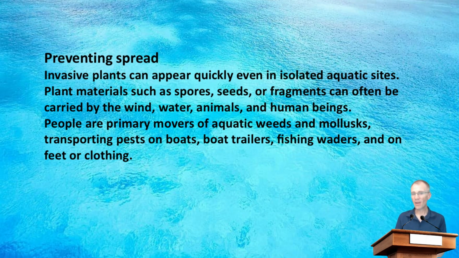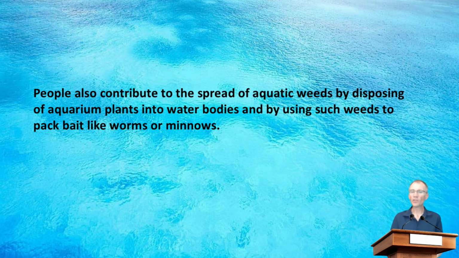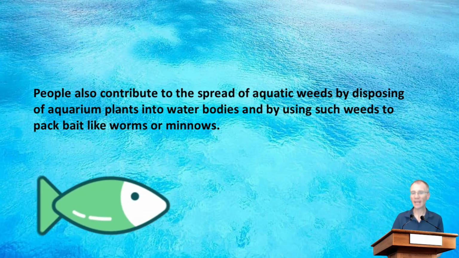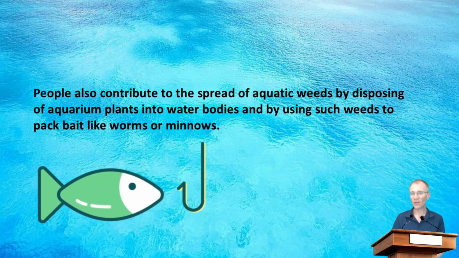People are primary movers of aquatic weeds and mollusks, transporting pests on boats, boat trailers, fishing waders, and on feet or clothing. People also contribute to the spread of aquatic weeds by disposing of aquarium plants into water bodies and by using such weeds to pack bait like worms or minnows.